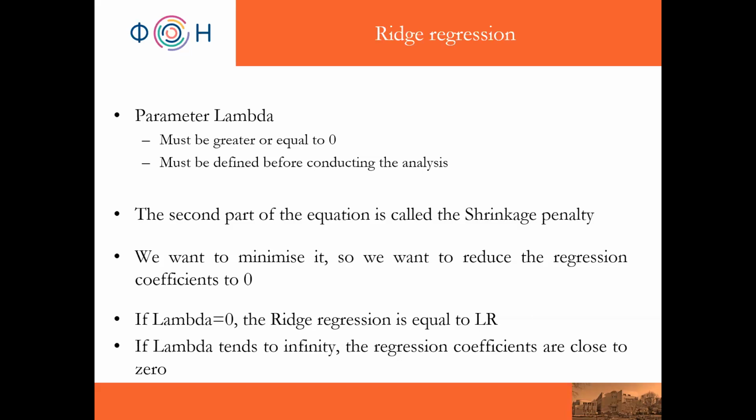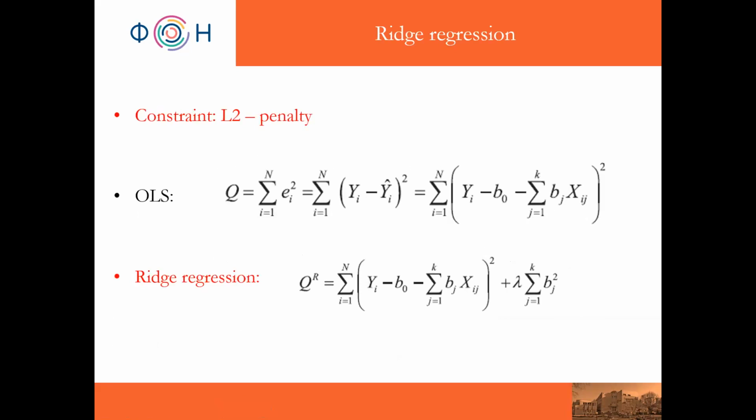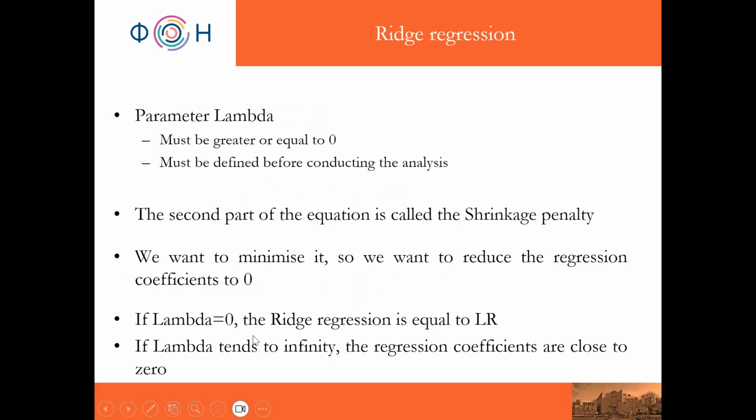So we need to define the value of our parameter lambda. If we make our lambda 0, our ridge regression is going to be the same as linear regression. If our lambda is 0, this is just a regular linear regression.